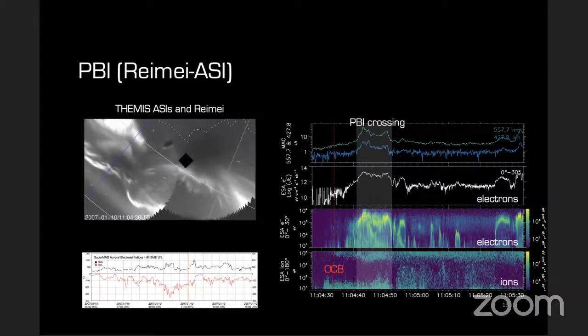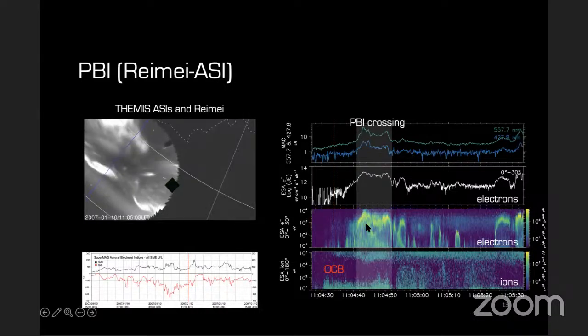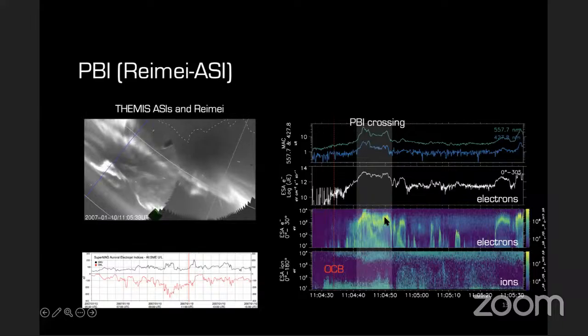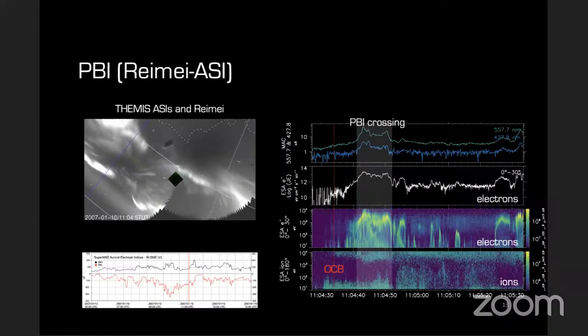In addition to such Alfvénic electron precipitation signature, we can see inverted-V like electron flux as well. So this PBI might be caused by a combination of Alfvénic and quasi-static accelerated electron precipitation.